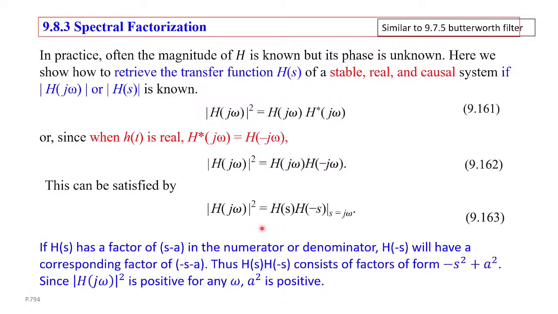Then you can analyze the poles and the zeros of H of s times H of minus s. We'll think about it as a rational function, and whenever H of s has a factor s minus a, then H of minus s must obviously have a factor of minus s minus a, and so this thing will have a factor of minus (s plus a) squared.